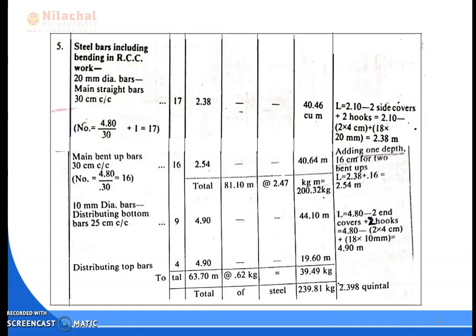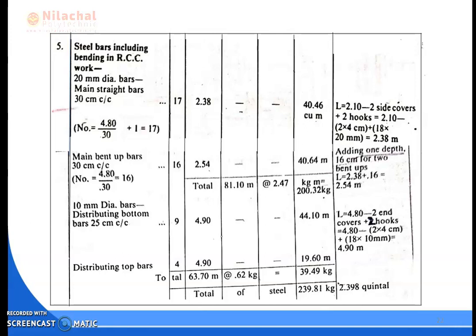So the bent up bar is extra longer than the main straight bar. The straight bar has no angles, but the bent up bar is angular. So in case of the bent up bar, the length of the straight bar plus 16 centimeter for two bent ups. For the bent up, we consider 16 centimeter.